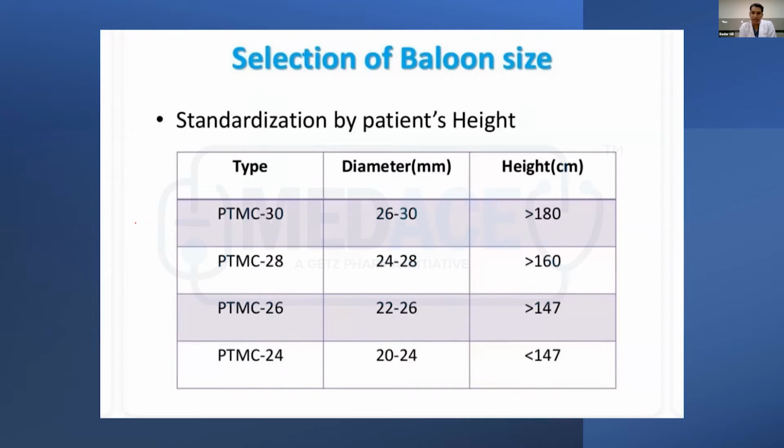If the height is from 160 to 180, they take a balloon of 28 with staged inflation from 24 to 28. If it is from 147 to 160, they take a balloon of 26 with inflations from 22 to 26. For any height less than 147, they take a balloon of 24 and go for staged inflation from 20 to 24.